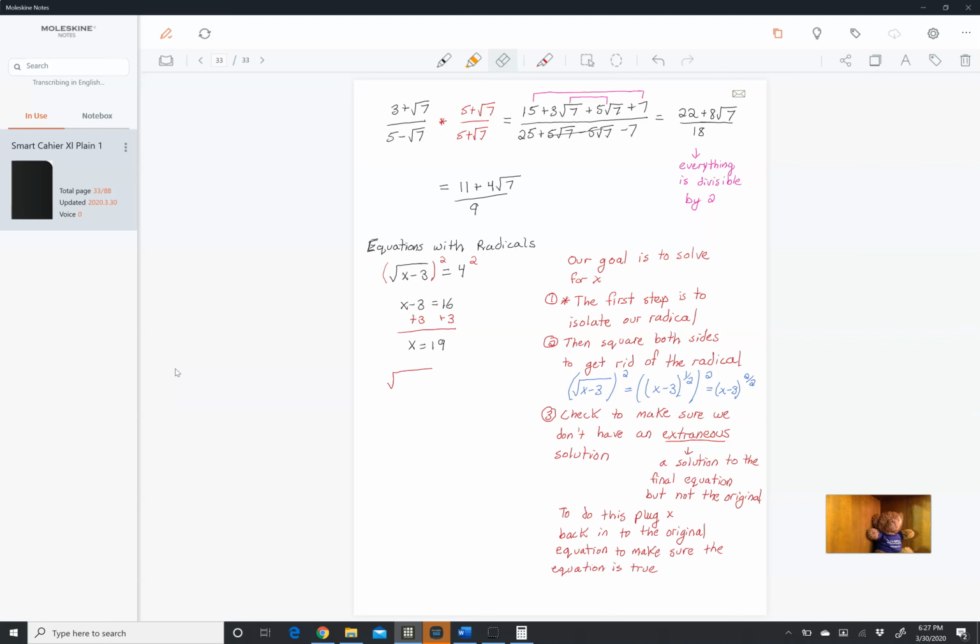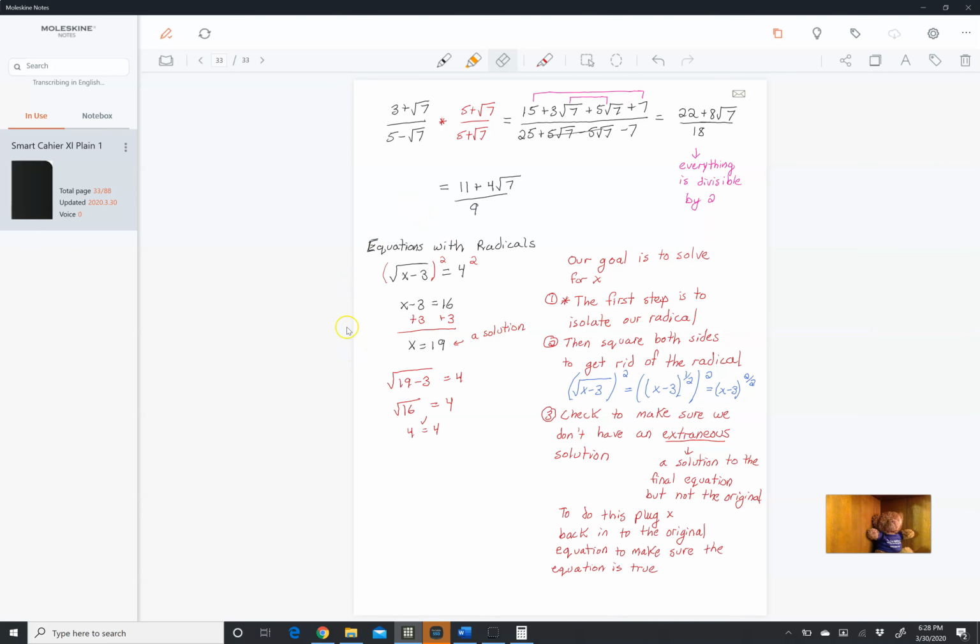We have the square root of 19 minus 3 is equal to 4. The square root of 19 minus 3 is the square root of 16. And the square root of 16 is 4, and 4 is equal to 4. So this is a solution. It's not extraneous.